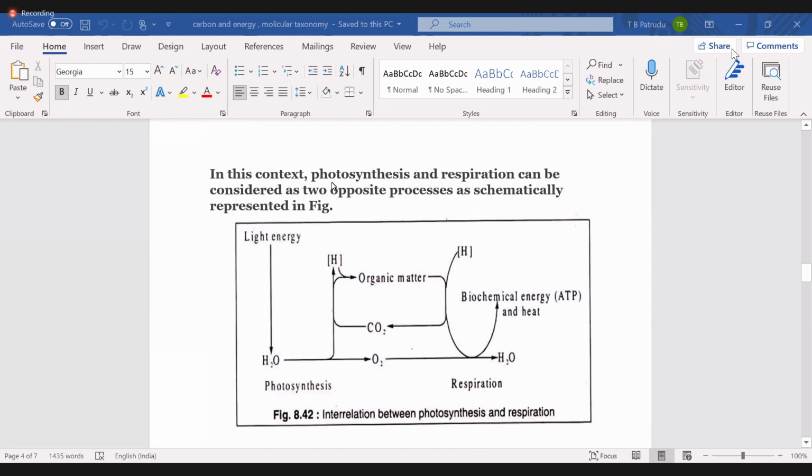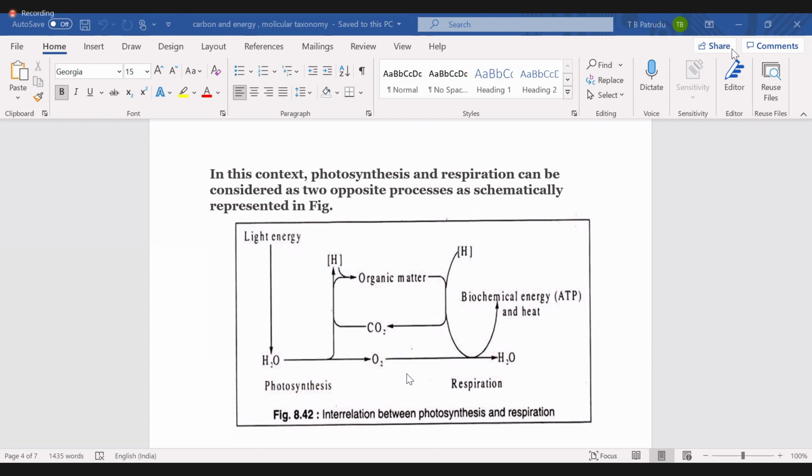Next, in this context, photosynthesis and respiration can be considered as two opposite processes, as in a schematic diagram. See, the respiration is the opposite. One releases oxygen and the other consumes oxygen. The release of oxygen requires carbon dioxide, and the other releases carbon dioxide.